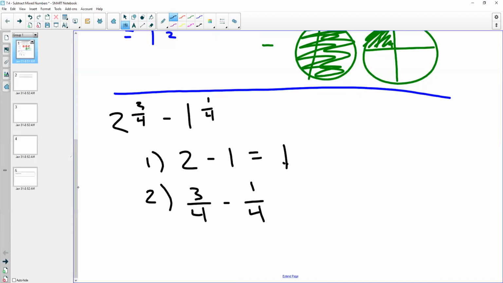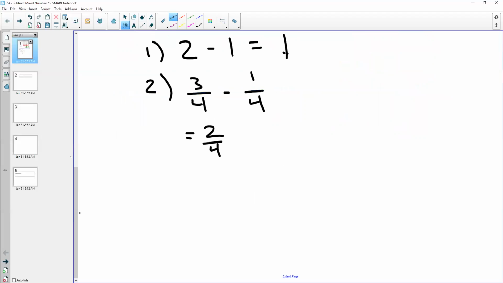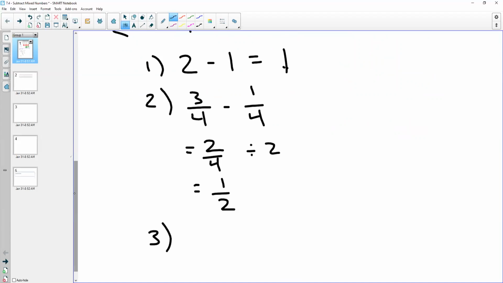Because we have common denominators, we can just subtract the numerators. This is not a fully reduced fraction, so I'll divide that by 2. Okay, so that second step is subtracting the fractions, and now we need to combine our answers. So we had 1 whole and 1/2, so 1 whole and 1/2. Final answer.